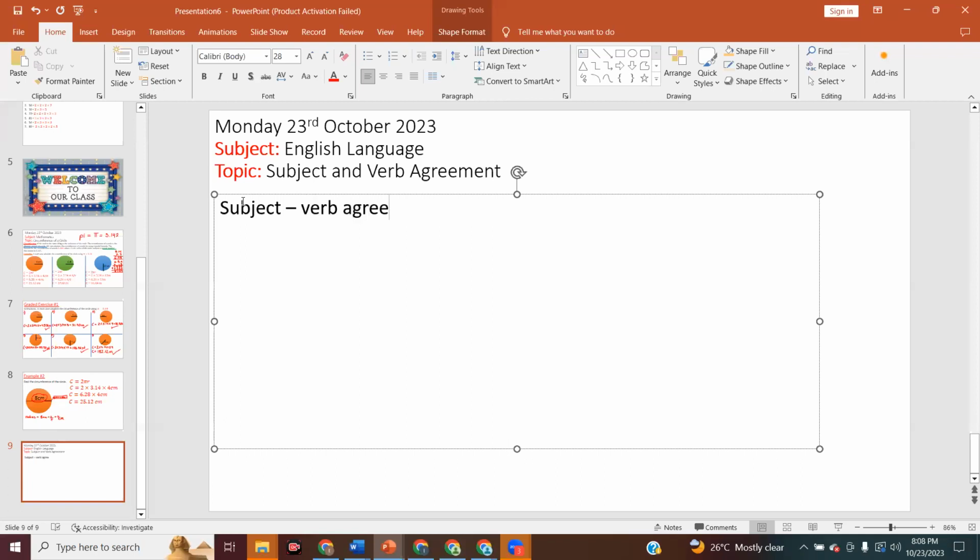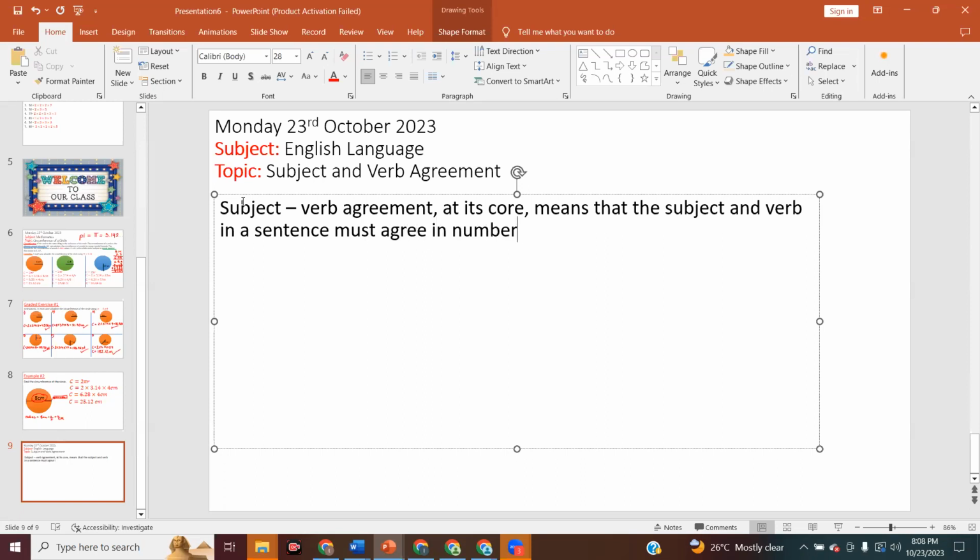So let's write this down. Subject-verb agreement at its core means that the subject and verb in a sentence must agree in number.